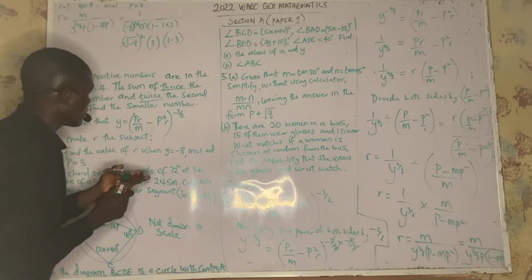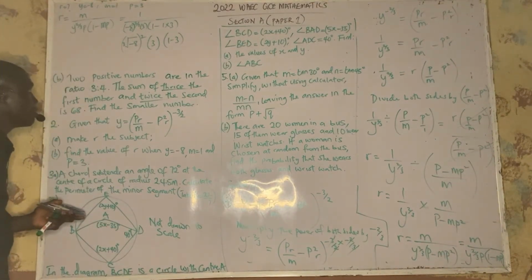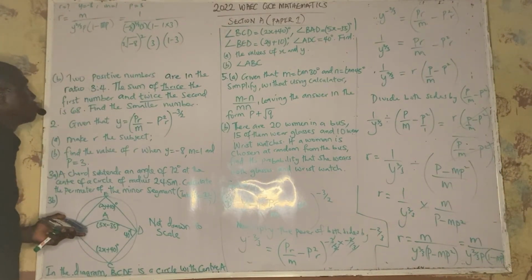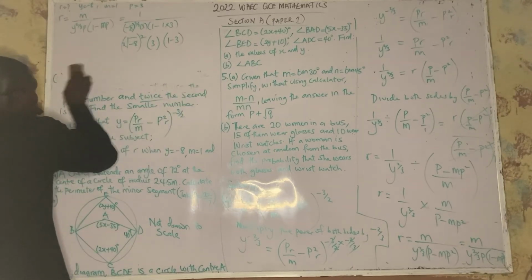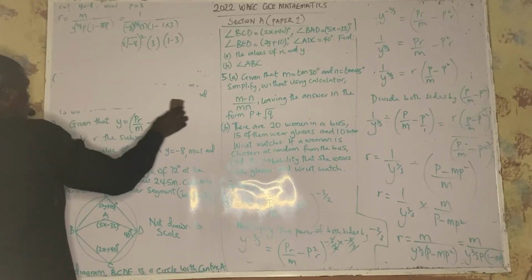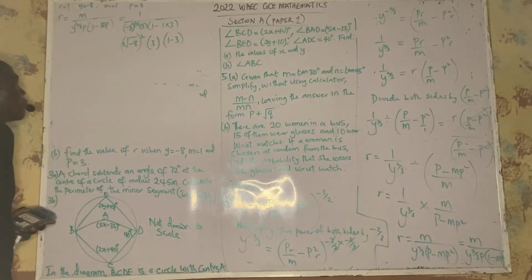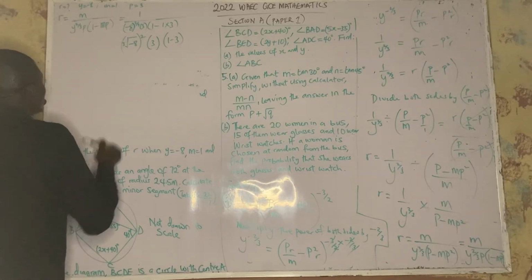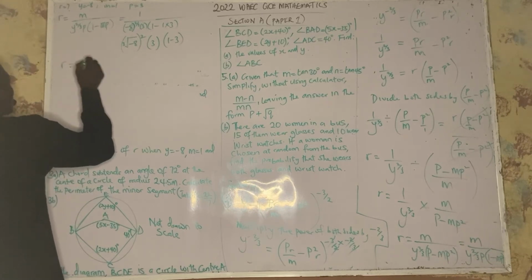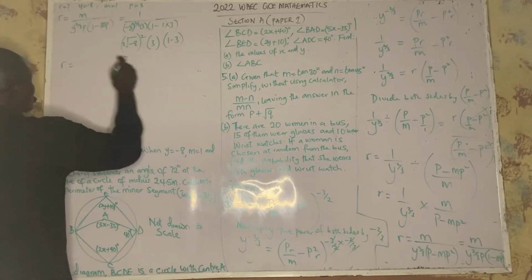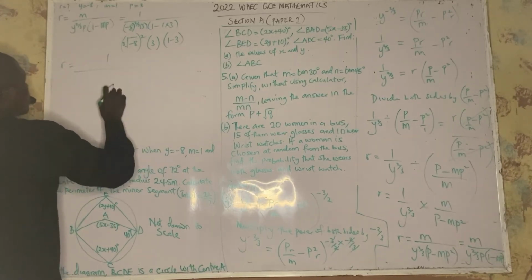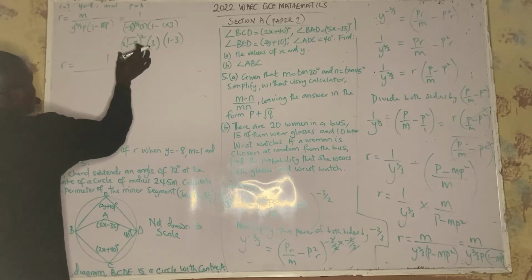So now let me quickly do this, to avoid any confusion. So now R is equal to 1 all over everything that is here.